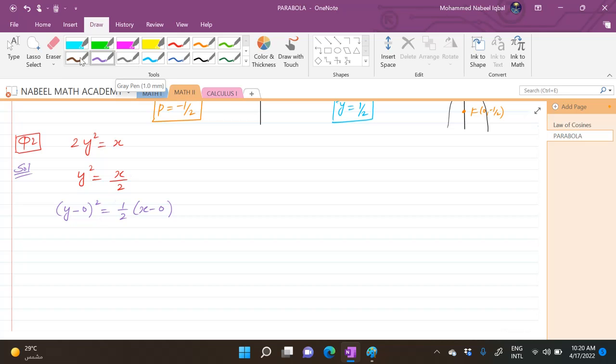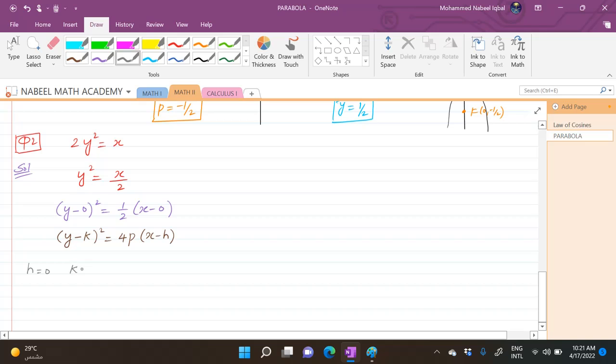If you compare with the standard form of the parabola, y minus k whole square equals 4p times x minus h, what about h and k? The h value is 0, k value is 0. And what about the p value? 4p equals half. P is equal to 1 over 8.